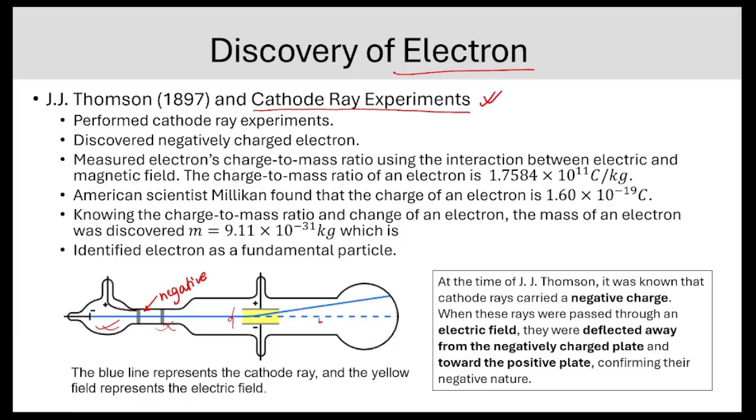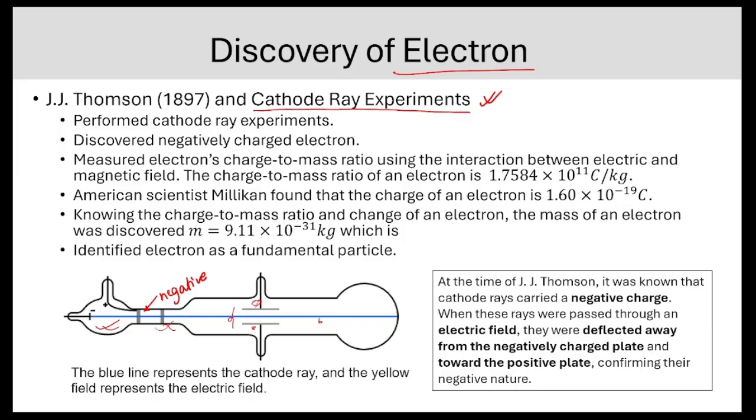We can see in this animation, when the charge is negative on this side, the beam will deflect to the other side, and when this terminal is negative, the beam will deflect in the other direction.